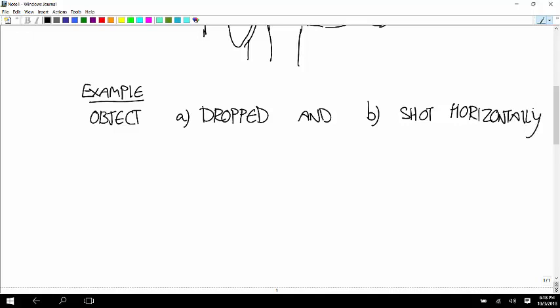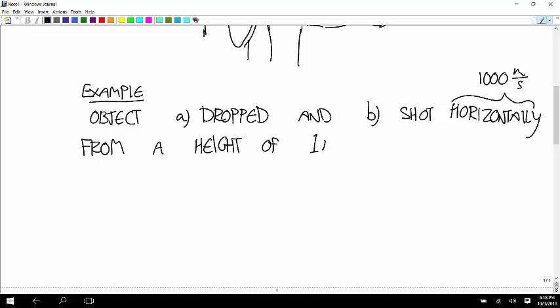We have to give it a horizontal speed, let's say 1,000 meters per second. That's somewhere in the ballpark of how fast things come out of a gun. From a height of 1 meter. How long does each take to hit the ground?